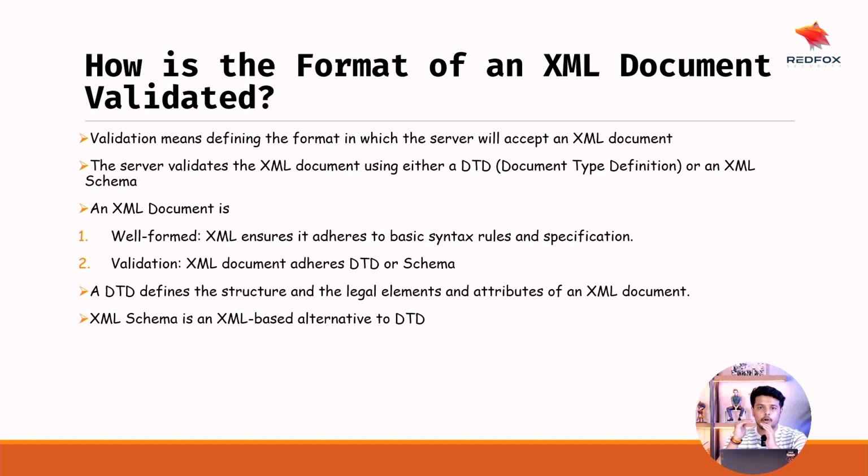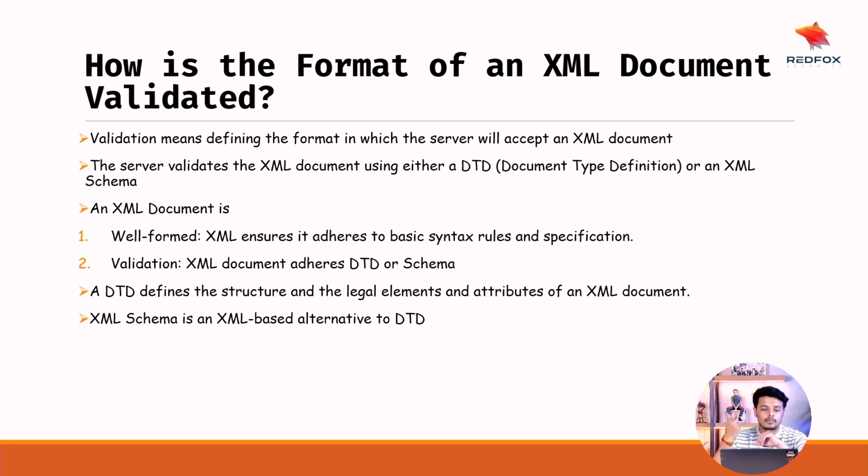It should have a proper structure, meaning the elements, attributes, and everything should be properly set. The second thing is validation, which can be done by DTD or by the schema. These are the two techniques where the server validates whether the XML document is valid or not. So what exactly is DTD?